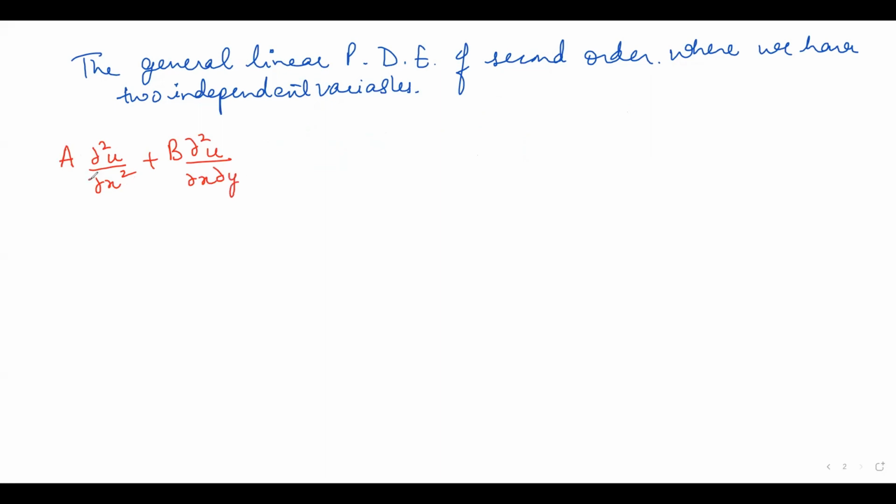This del is the operator used for partial differential equations. Plus c times del square u upon del y square plus d del u upon del x plus e del u upon del y plus f of u is equal to g.